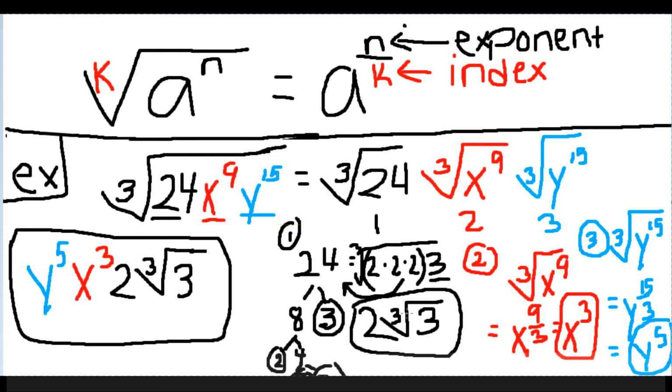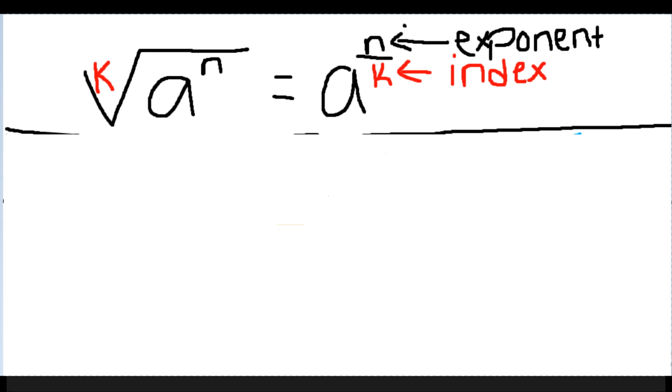All right, so now let's look at an example where it gets just a little bit more complicated. And not really, it's the same concept, but our fractions just aren't going to work out as nicely. And let's talk about what we do in that case, okay?